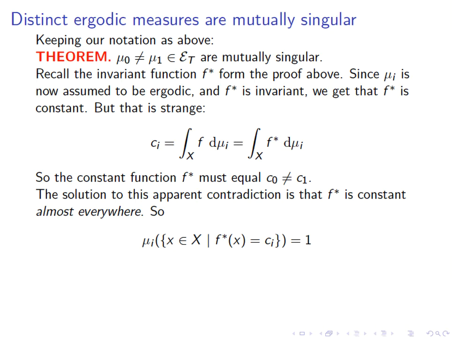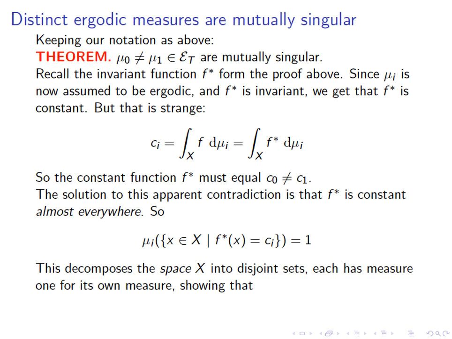Now, of course, these are disjoint sets. There is no point x where f star of x equals c0 and c1 simultaneously. So what we see is that we decompose the space into two disjoint sets. Each one has measure 1 for its own measure. It is, of course, exactly the definition of mutually singular measures. So what we showed is distinct ergodic measures are mutually singular.